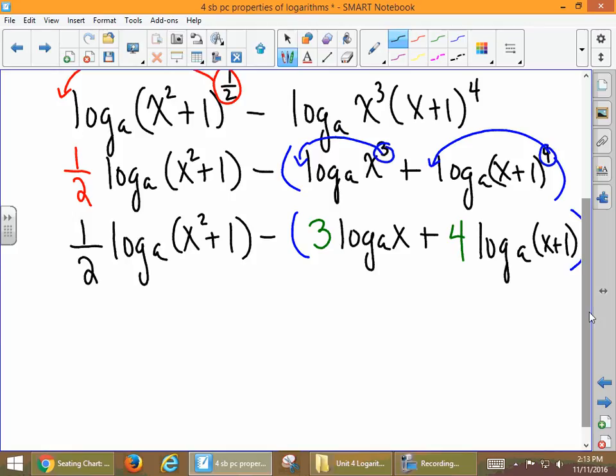So one more step. One last step is that we can distribute this negative here and here.